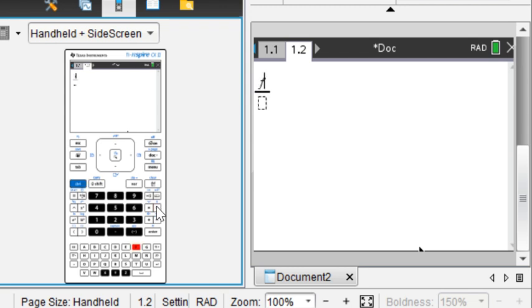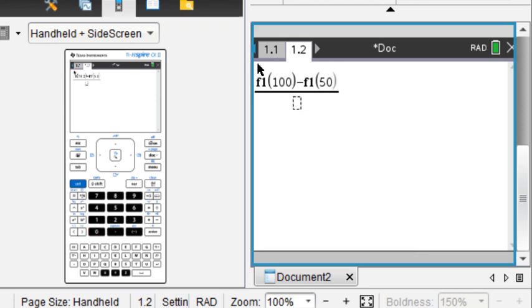In the top, I'm going to say f1, and see how that went bold, of 100. So that's my output of the function for 100 days, minus the f1 of 50. Now, if my y is the f1 of 100, then my x is 100.